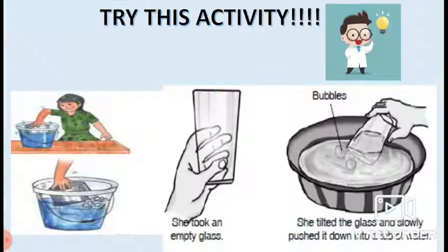Let's try this. Take an empty glass bottle or a glass or a container. Dip the open mouth of the bottle into a water bucket, or you can also take a big bowl. You will see that the water will not go inside the bottle. Tilt the bottle slightly and you will see bubbles coming out of the water. These bubbles are air that was present in the empty glass bottle.